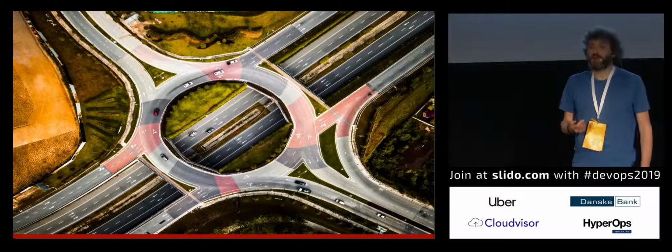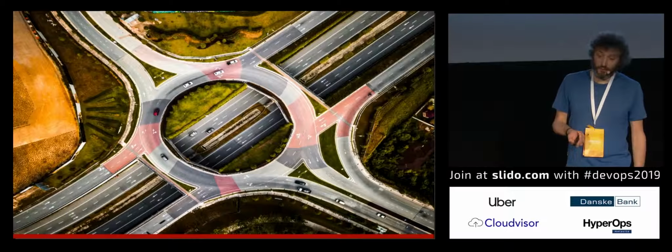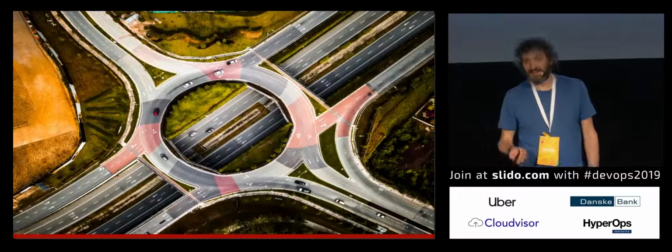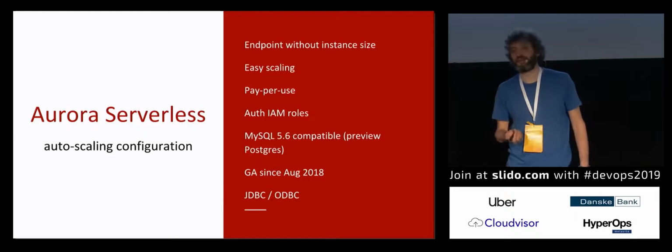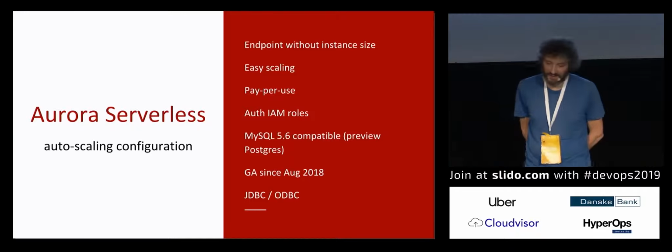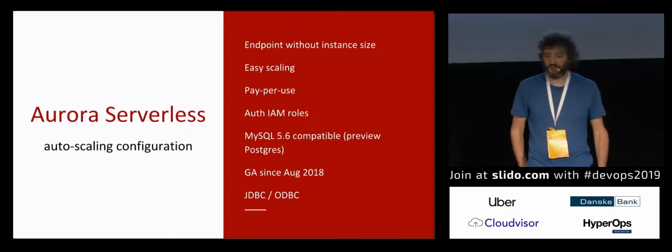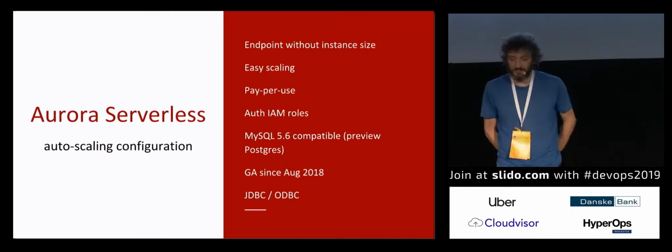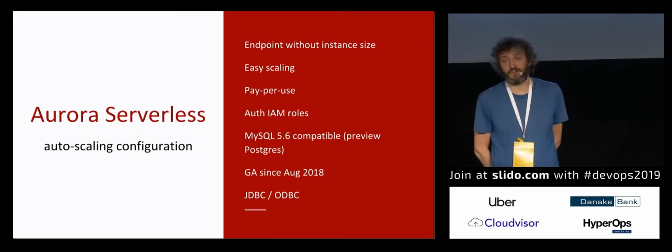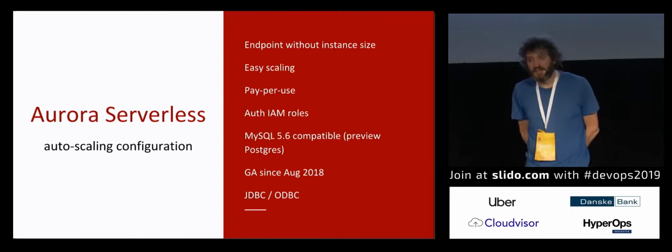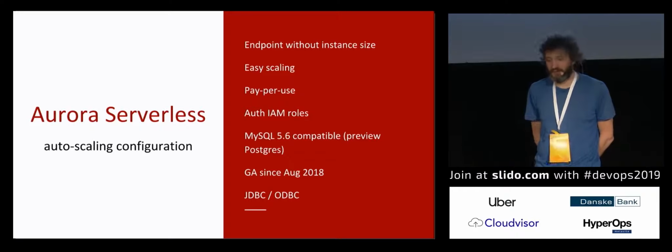But there are now many more options, and the new option that is out there is actually called Aurora Serverless. And what is Aurora Serverless? Aurora Serverless is a new, separate version of Aurora that is based, at the moment, just on MySQL 5.6. It's basically an autoscaling configuration.